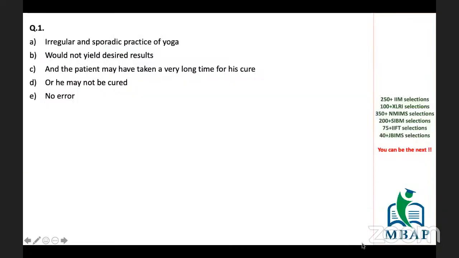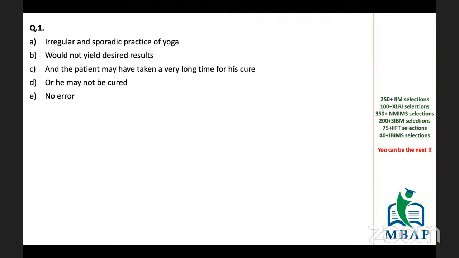Okay, so in the previous one, as I'm reminding you once again, a sentence was given to us and a part was underlined, and we had to find the most appropriate replacement for it. Now the second type of question looks like this, where you are provided with 4 or 5 sentences and you have to identify which one is incorrect.